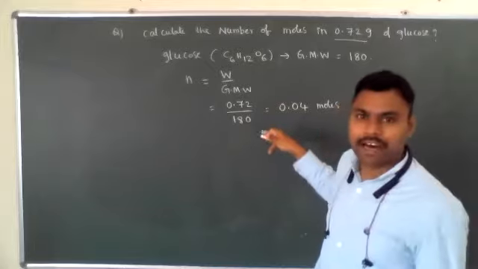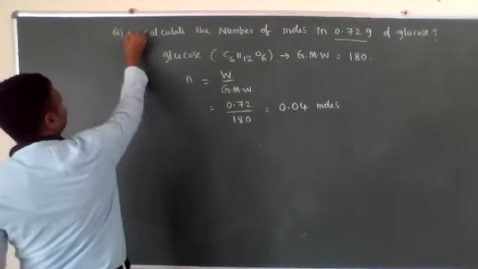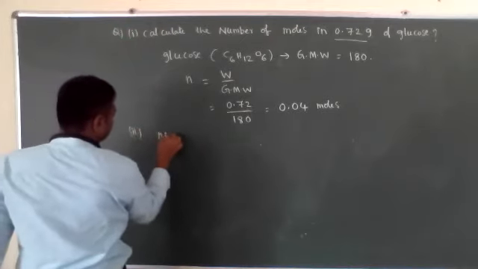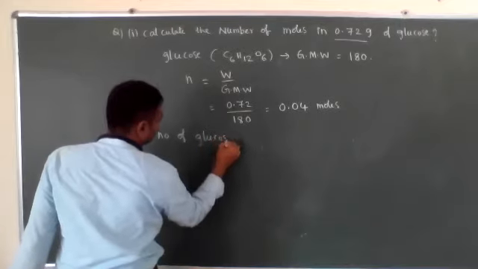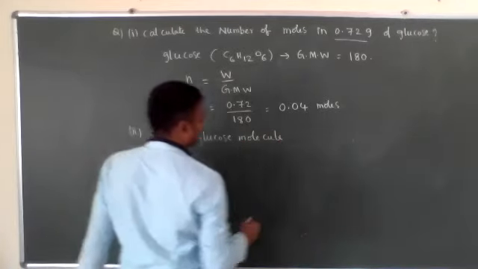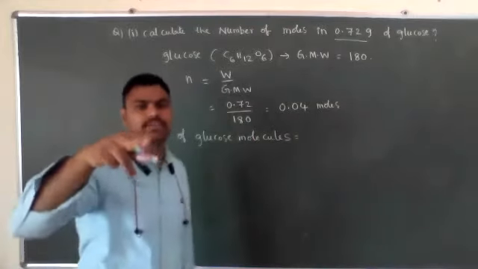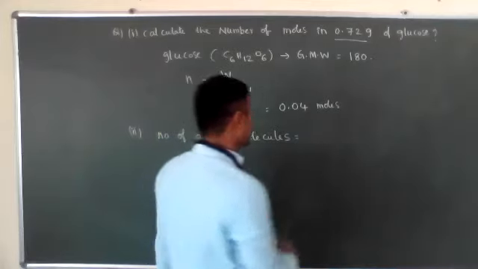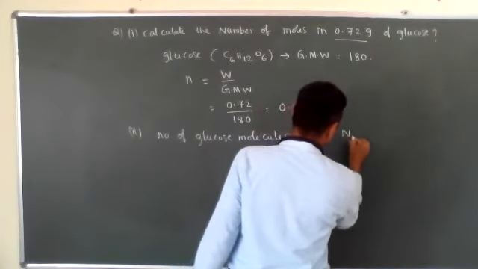So you want the number of glucose molecules. Like number of atoms is equal to number of moles into Avogadro number, in the same way, number of glucose molecules is equal to number of moles into Avogadro number.